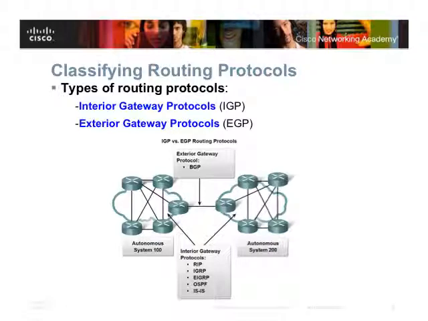Okay? So in other words, if I want to send a message from this router, for example, to this router, it does not know anything about this router. All it needs to know is that this message does not exist in this autonomous system.